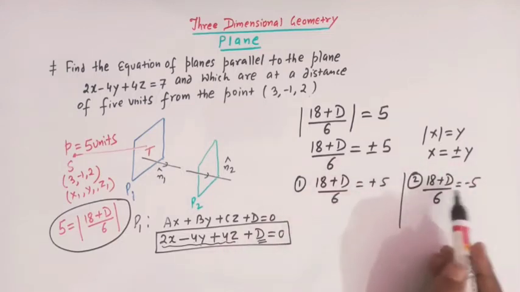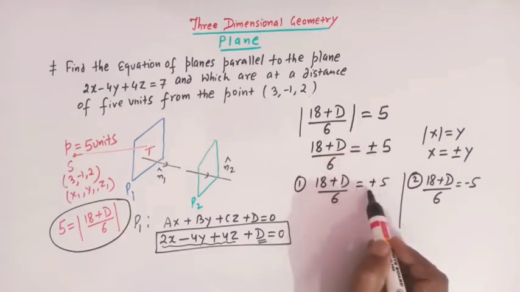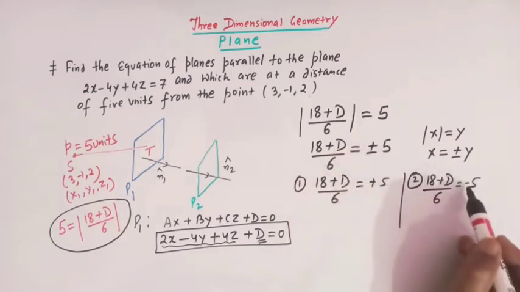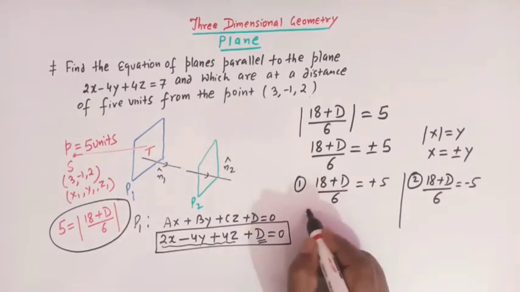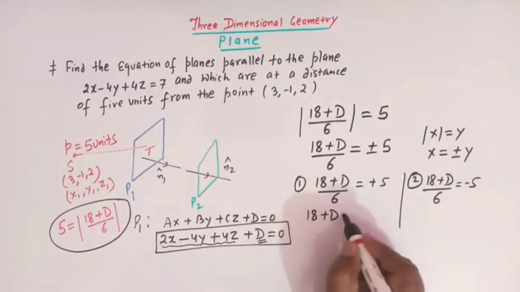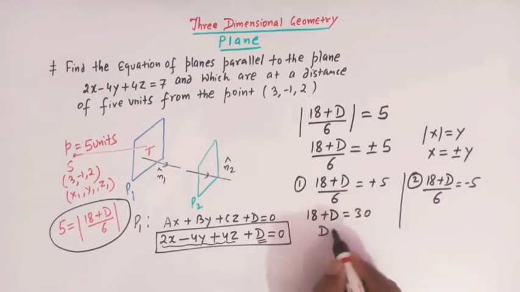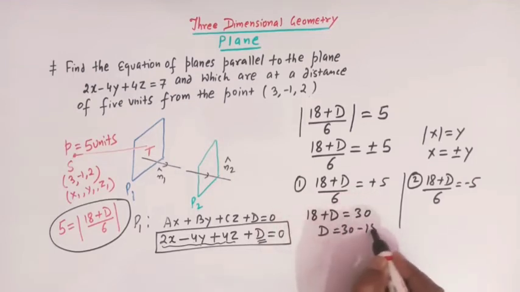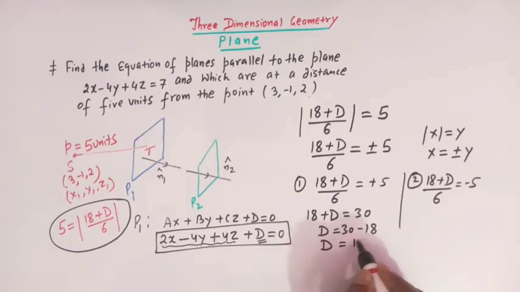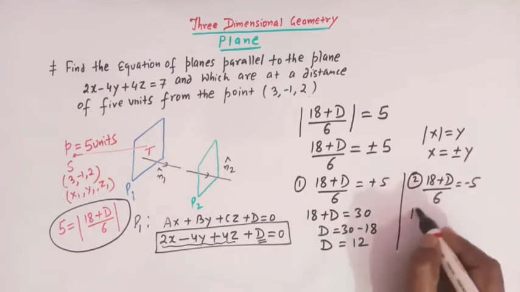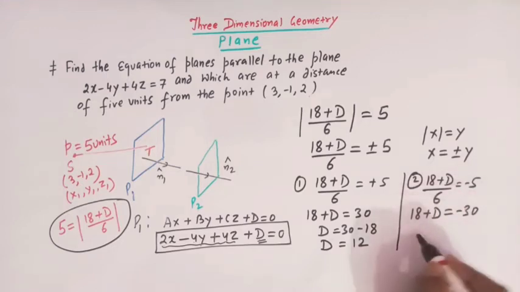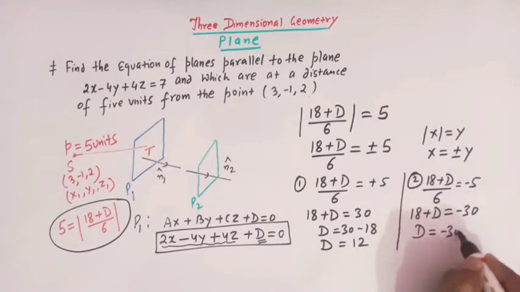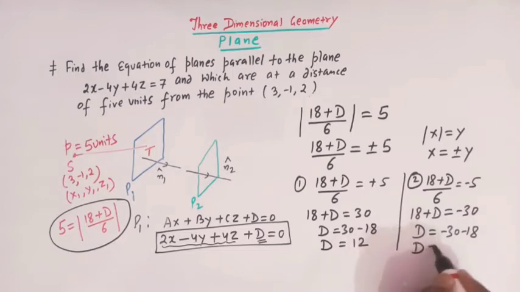One corresponds to the positive sign and the second to the negative sign. So now we can solve it. 18 + d = 30, so d is 30 minus 18, that is 12. And 18 + d = minus 30, so d is minus 30 minus 18, that is minus 48, right?